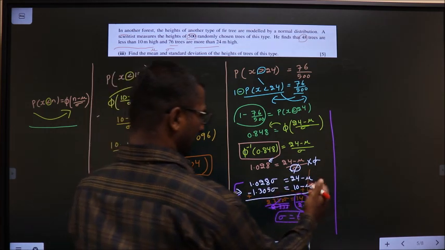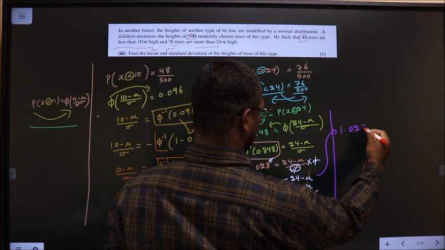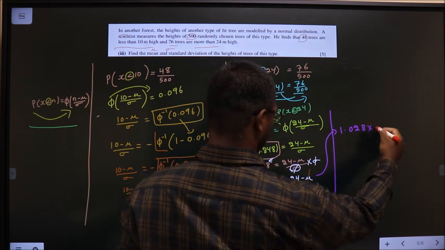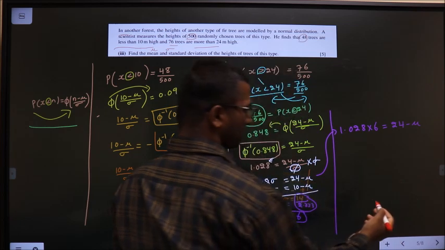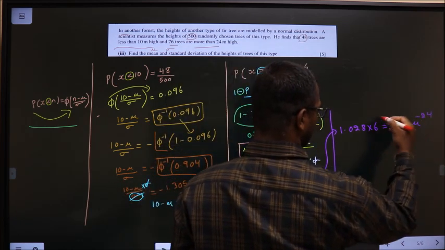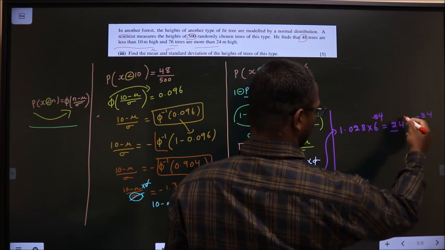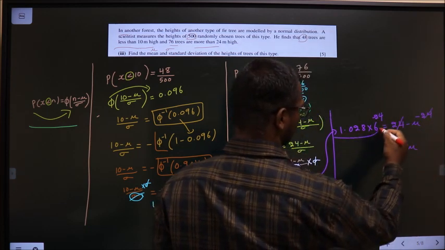So if I replace it in this, I get 1.028 into 6 equal to 24 minus mean. Now to get rid of 24, subtract 24 on both sides. This gets cancelled, I get minus mean equal to.